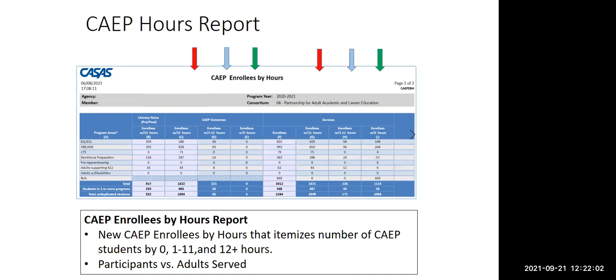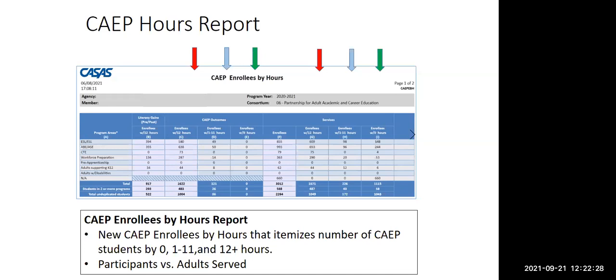This is what these new reports are for. One big state priority is being able to look at those 3 buckets. That's probably my word, not NOVA's. But in NOVA, it's looking at the students that have 12 or more hours, those that are participants, versus those that are in 1 to 11 hours, versus those that are services only students with 0 hours.